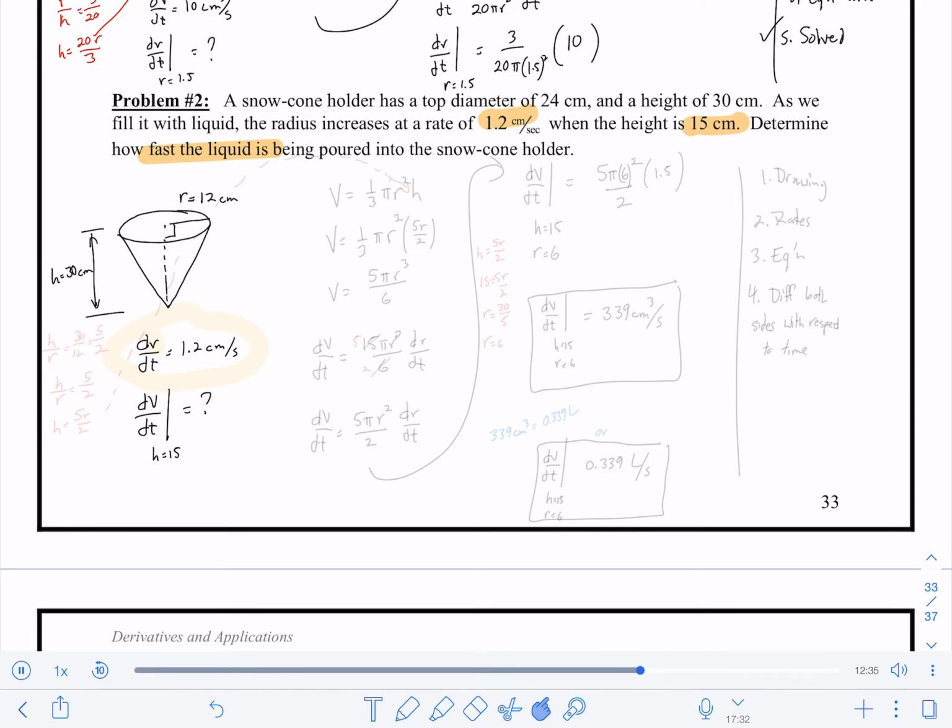Okay, so the next step is to write an equation. The same equation as we've been using, 1/3 pi r squared times h.